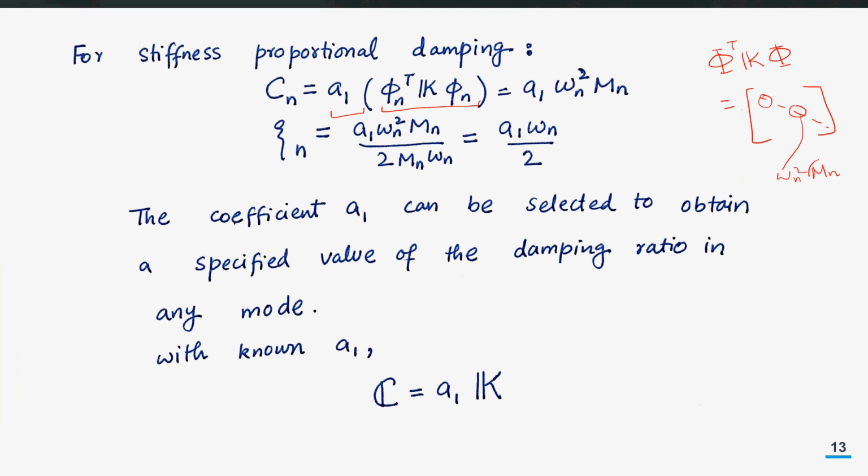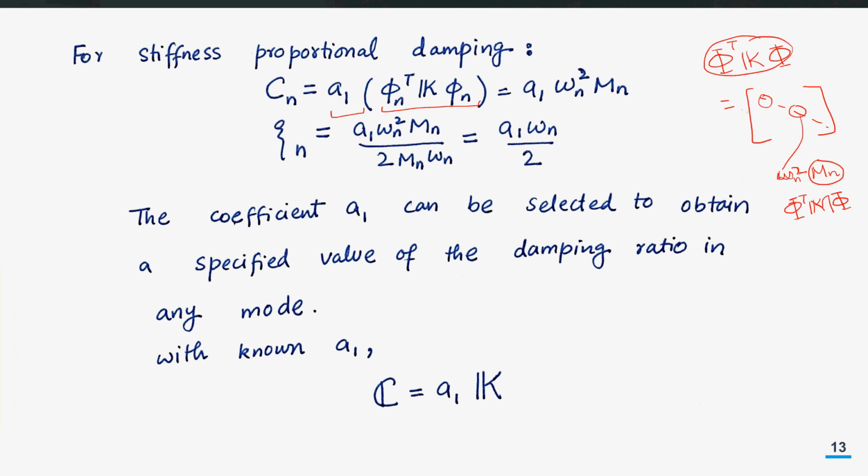So this mn will be the corresponding diagonal entry of this matrix, Phi transpose M into capital Phi. So if you have the diagonal entry of this matrix, you multiply it with the nth mode omega n square, then you will get the diagonal entry of this matrix. So you are already familiar with these values.